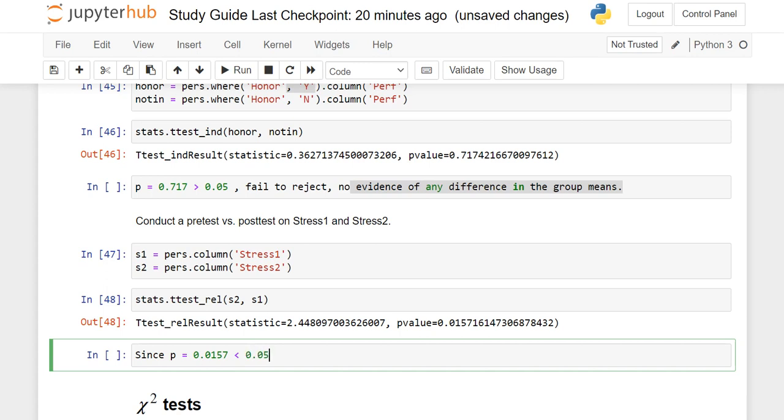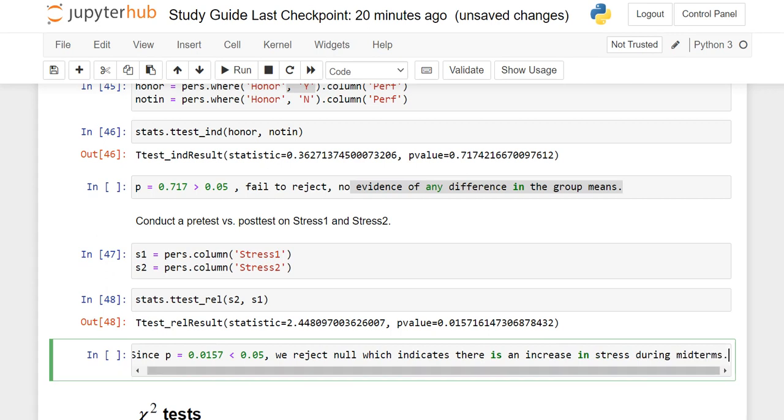It's less than 0.05, and they haven't really specified anything, right? So we're going to use the standard alpha of 5% and reject the null, which indicates there is an increase in stress during midterms. Okay, and I say which indicates there is.